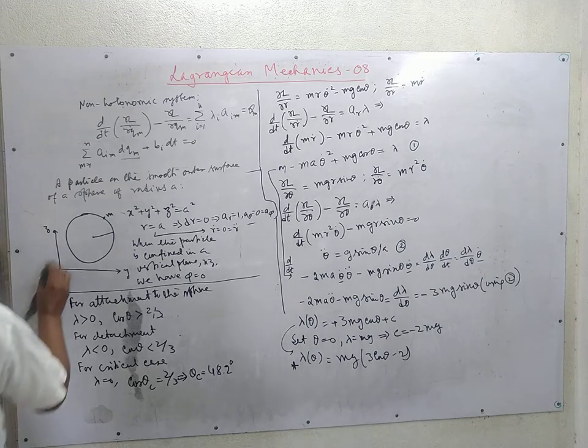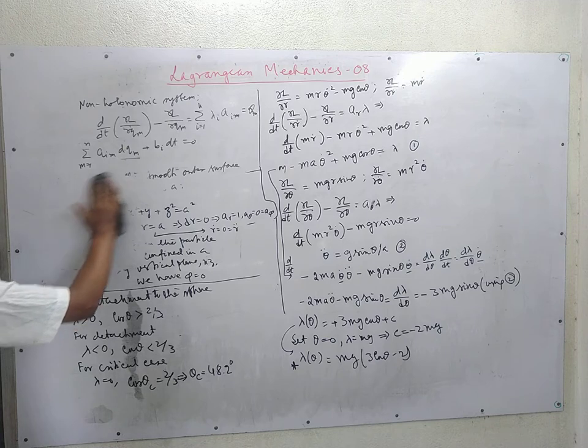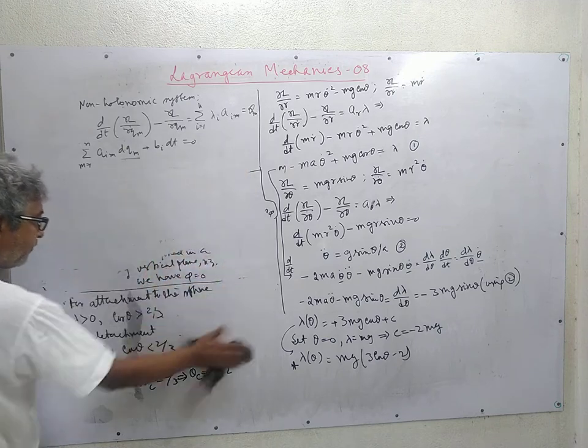A particle is moving on the inner surface of a paraboloid of revolution.